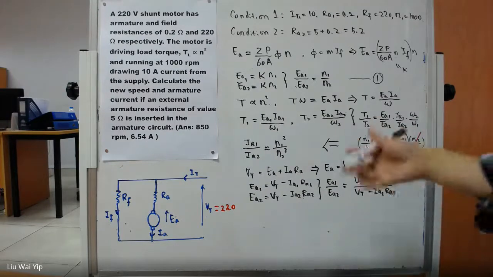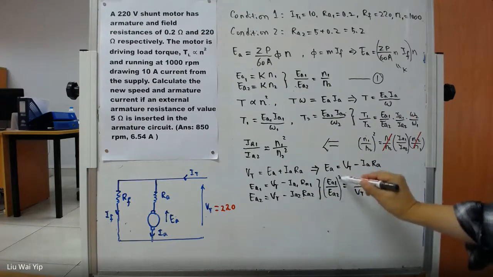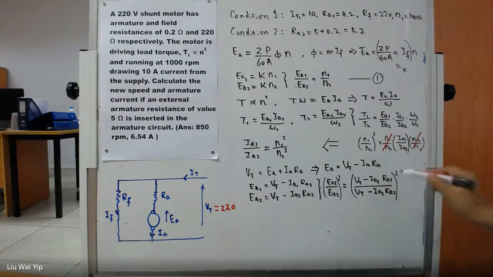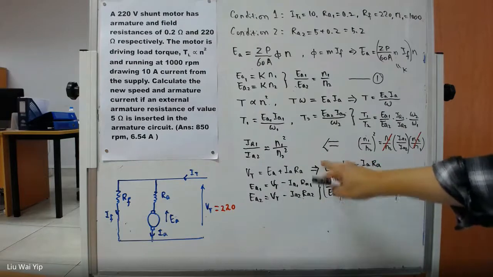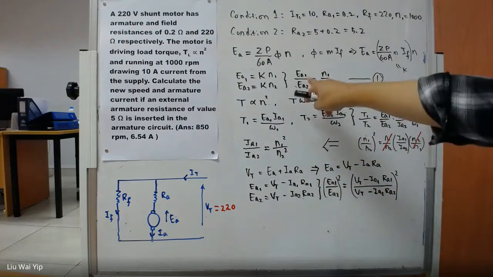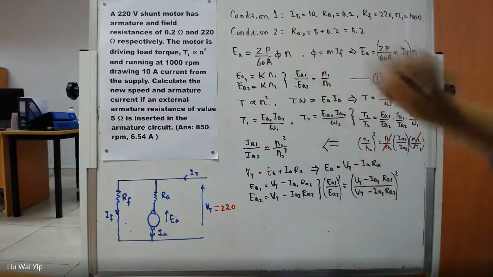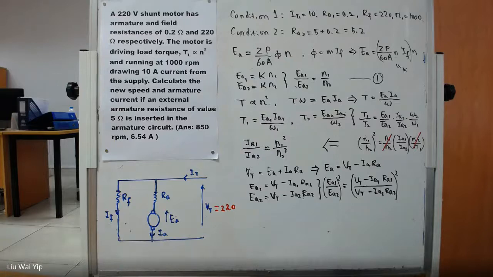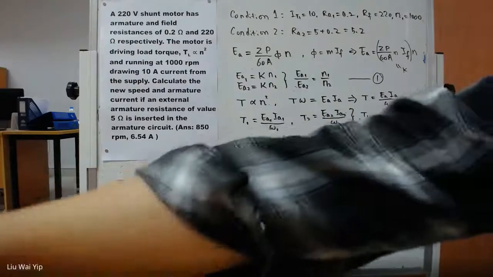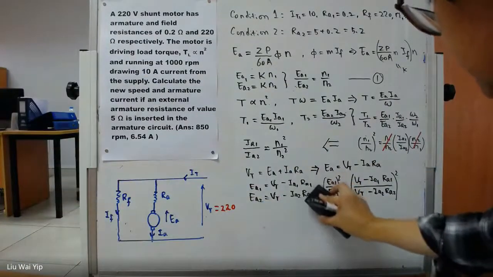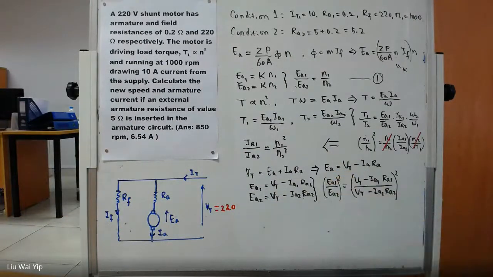And now we can also square it. If we square both sides of the equation, we can just do this. Now, according to here, the ratio of the armature voltage is going to be the ratio of the motor speed. Let's write down more clearly. Okay.